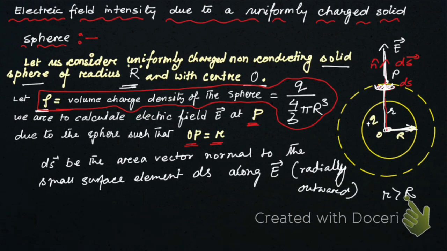And n cap is the unit vector along the ds vector.